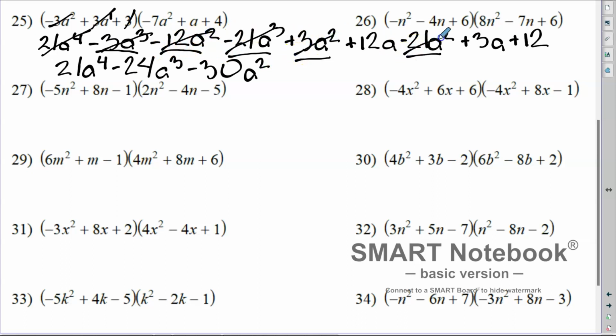One less than this would be a, which is him and him, and that's 15. And I'm left with a 12 constant. And there we have it: 21a to the fourth minus 24a cubed minus 30a squared plus 15a plus 12.